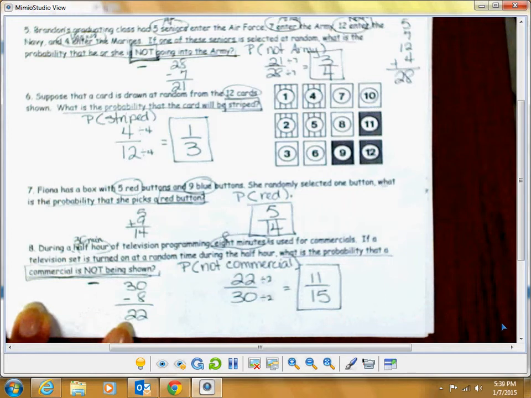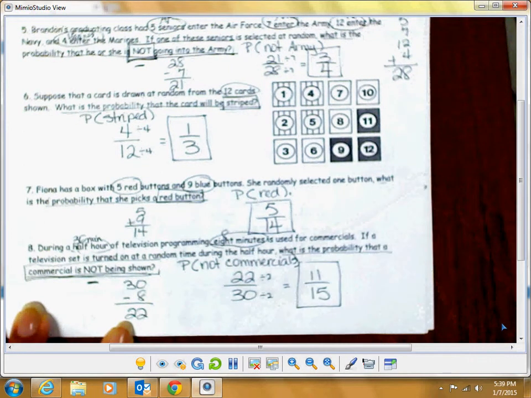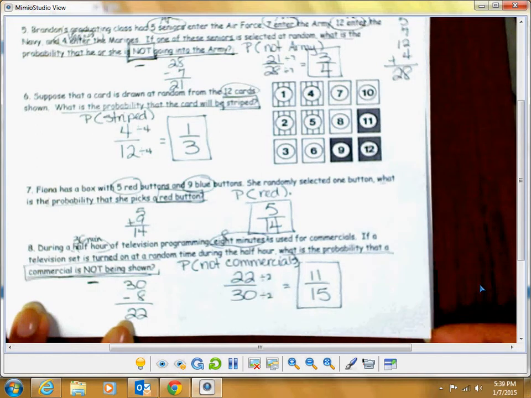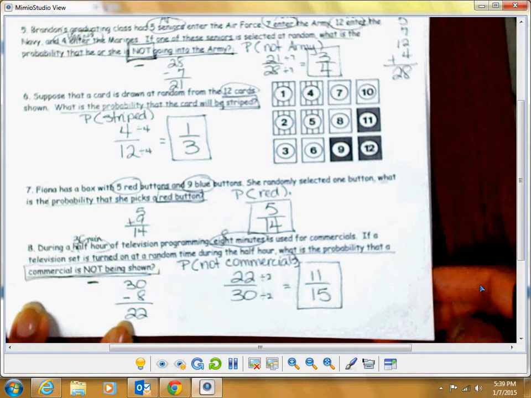That leaves me with 22 minutes of non-commercial TV. So, in parentheses beside my P, I'm going to put not commercials. Okay, so since 22 minutes are not commercials out of my total 30 minutes of programming, I can simplify and get 11/15 for my probability of not watching commercials.